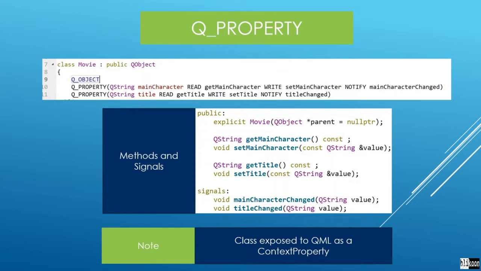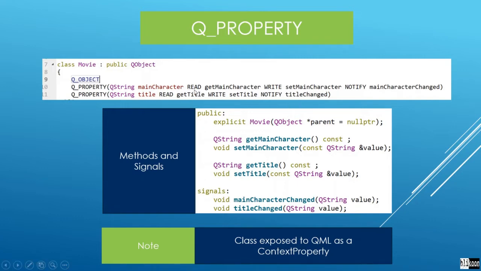So the way you do that, you specify QProperty, you pass in the data type for your field, you pass in the name of your field, and you specify methods that you are going to use to manipulate this field.